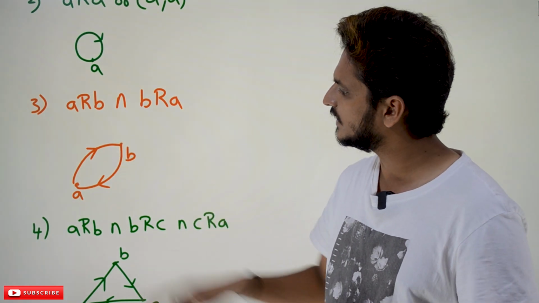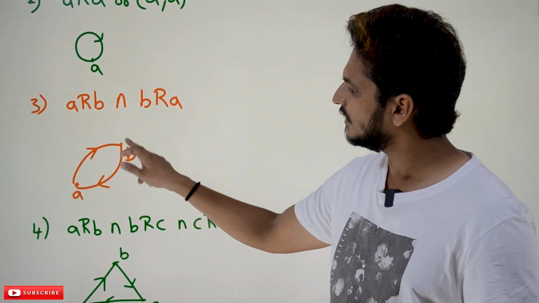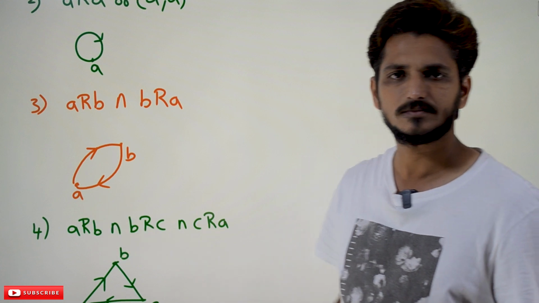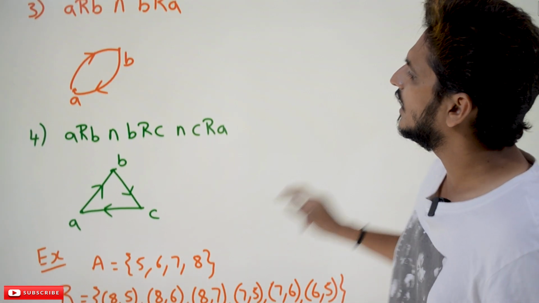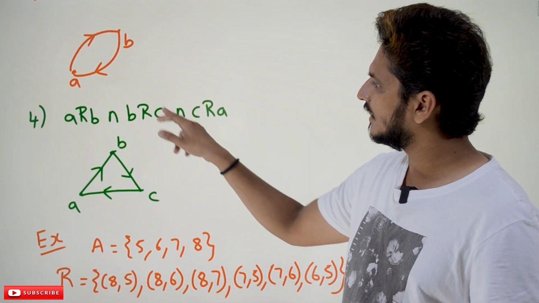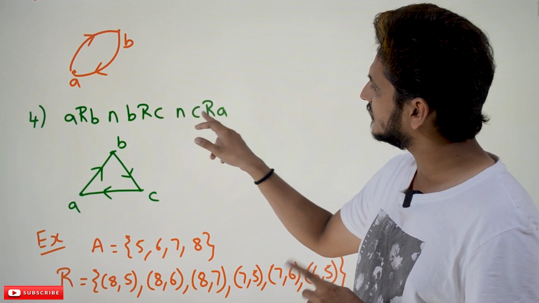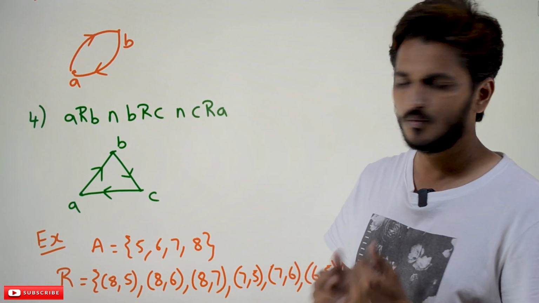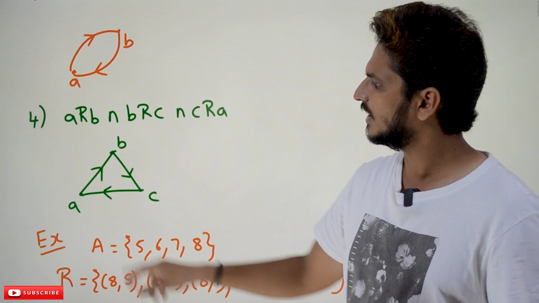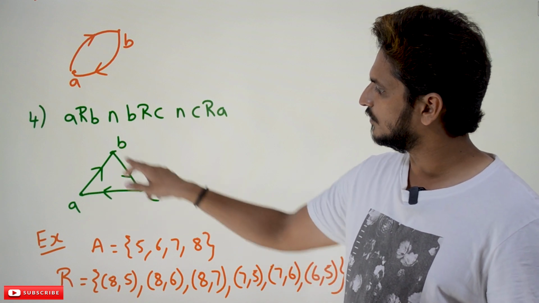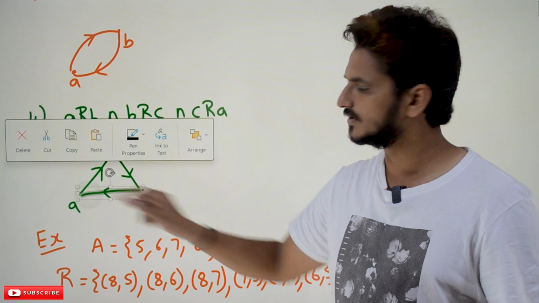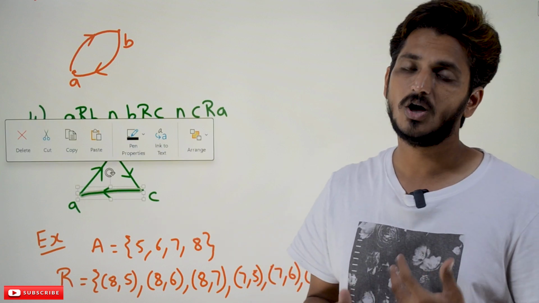A and B are two points. A is in relation with B, and B is in relation with A. Similarly, next example: A relates to B, B relates to C, and C relates to A. How do we show that? Take points A, B, C. A has a relation with B, B with C, and C with A. This is how we show that.